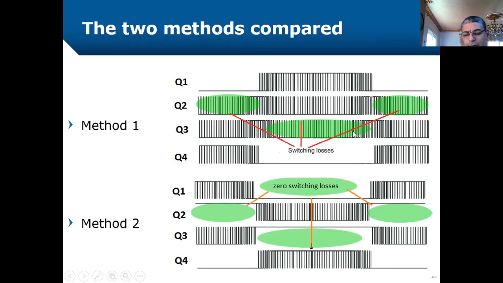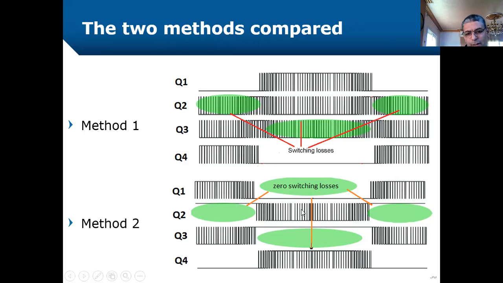The first case, as you see, we have to always switch on and off very fast, Q2 and Q3, to give the zero voltage. Because remember that we always move between VDC or P and zero, and N and zero. So these two switches are always in a switching state.